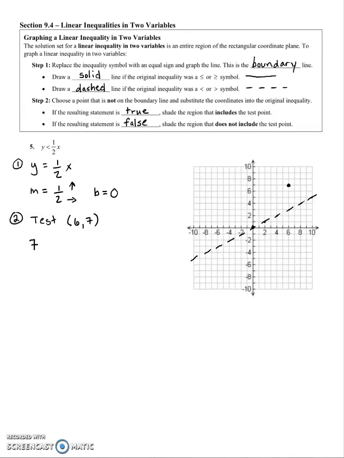So y is 7, and I need to know if that's less than 1/2 times 6. Well, 1/2 of 6 is 3. This is a false statement. So since 7 is not less than 3, my test point is in the wrong area, and I shade the other part of the graph.